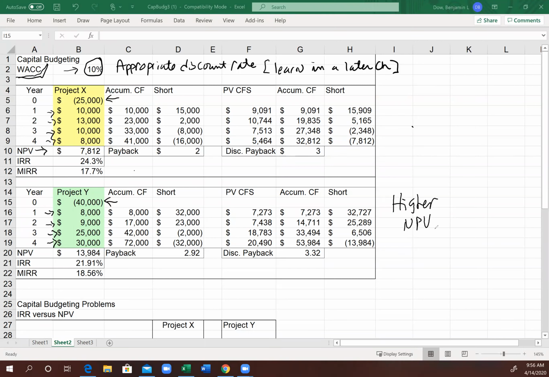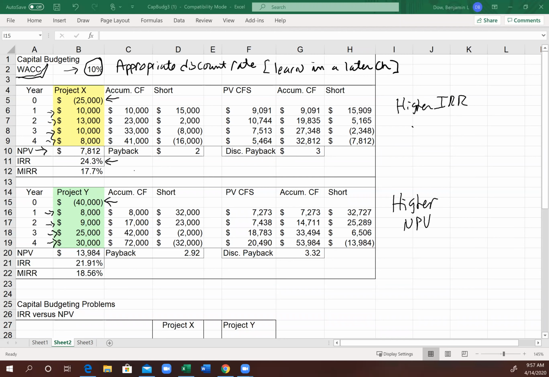But if we calculate the internal rate of return, the IRR, notice project X has a higher IRR. So that might be able to tell us something.